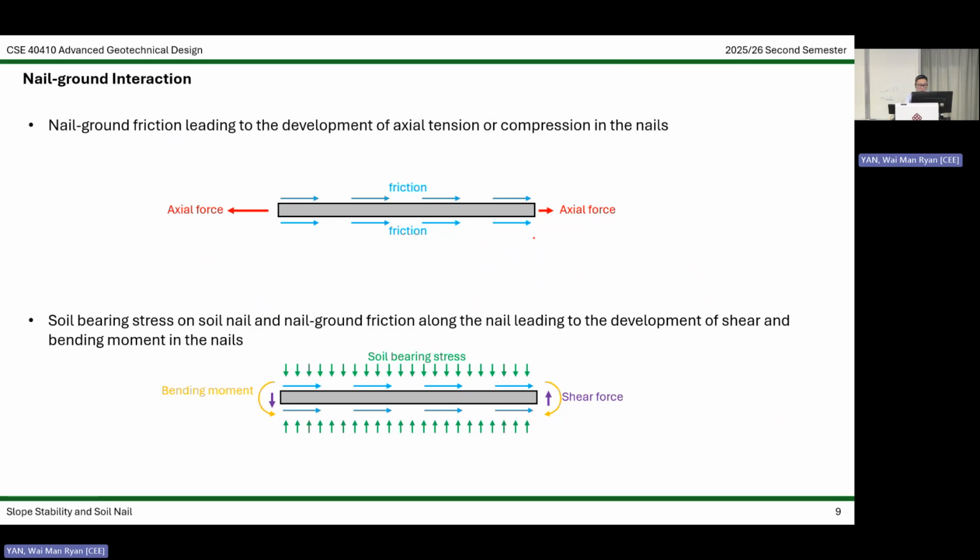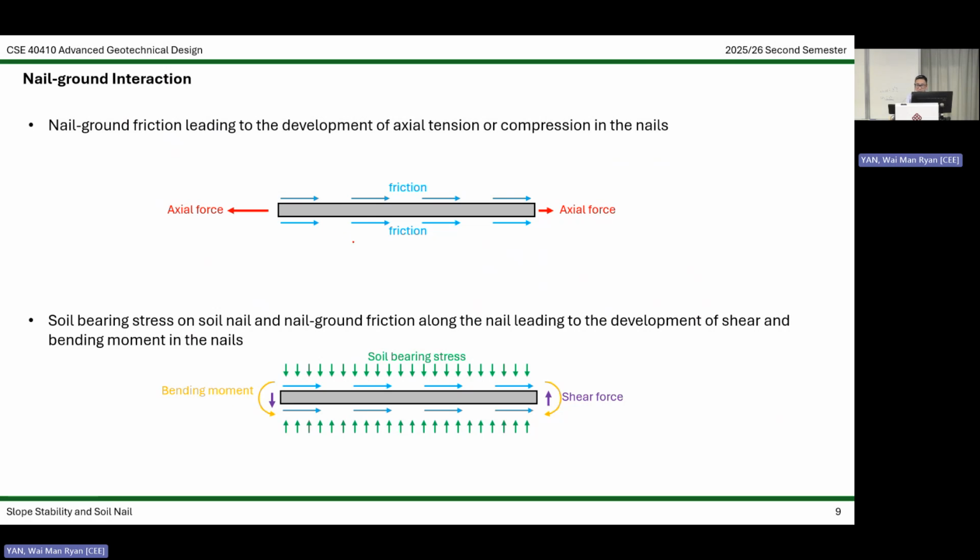If I dive deeper, if I have an axial force at this point which is smaller, and then along this nail you have a lot of frictions trying to pull the nail from my left to my right, that means at this point you have very large tensile force. Okay, as simple as that. So we transfer the forces from movement to frictions to tensile.